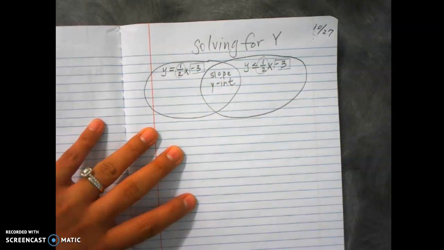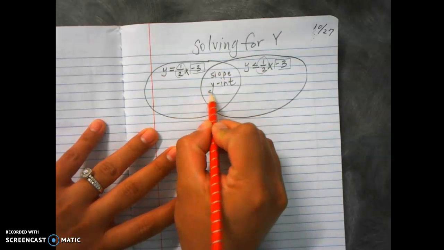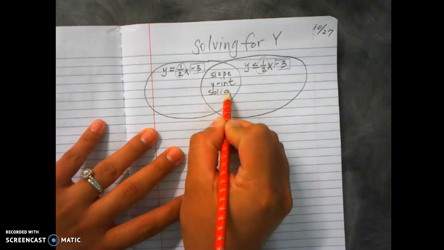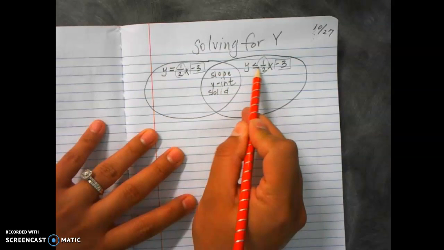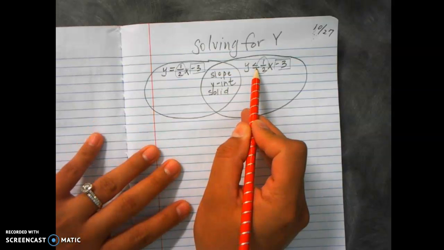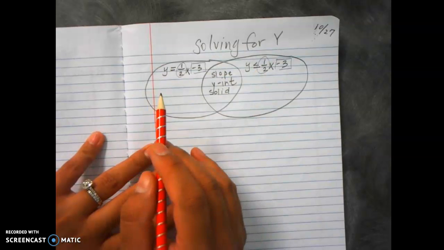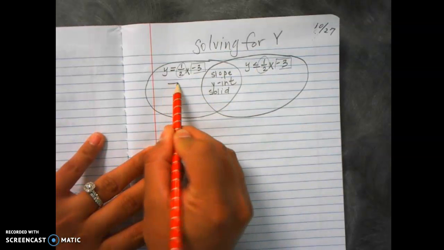If we were to put both of these on a graph, they would both be a solid line because equations are solid, and this one has the or equal to, the line underneath, that makes a solid line.